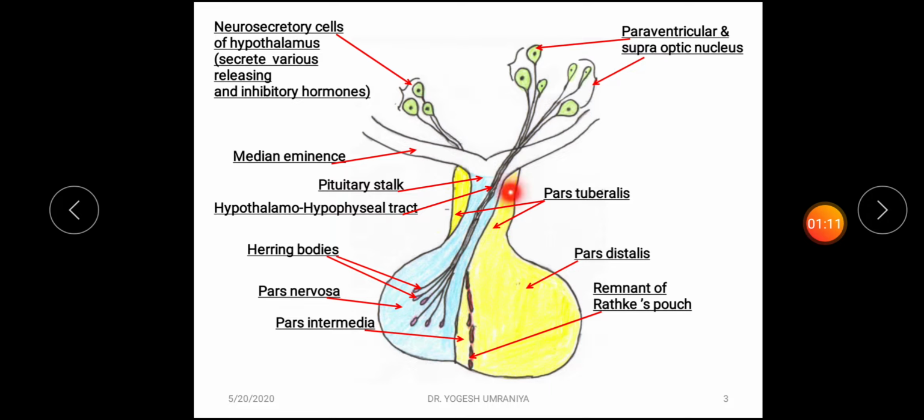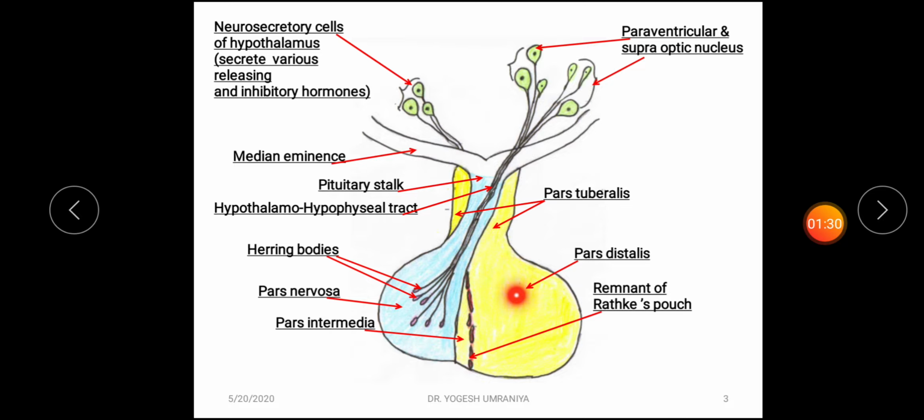That region is termed the pars tuberalis. Now, the third subdivision of the anterior lobe, that is lying here, is termed the pars intermedia.